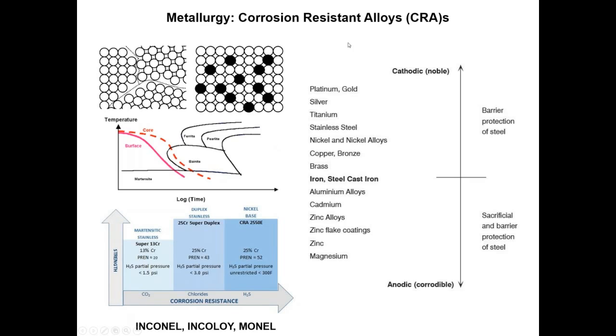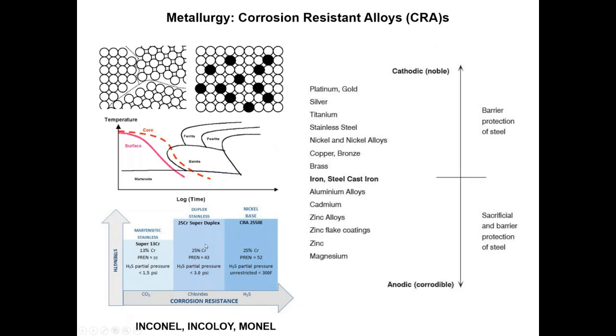This can be done essentially by alloying. And many metals can be alloyed, can be thermally cured or annealed.